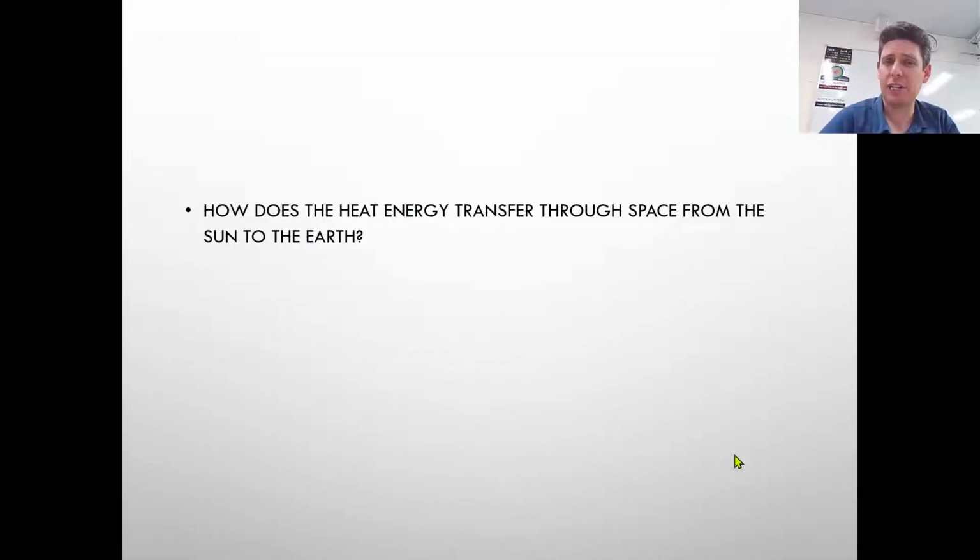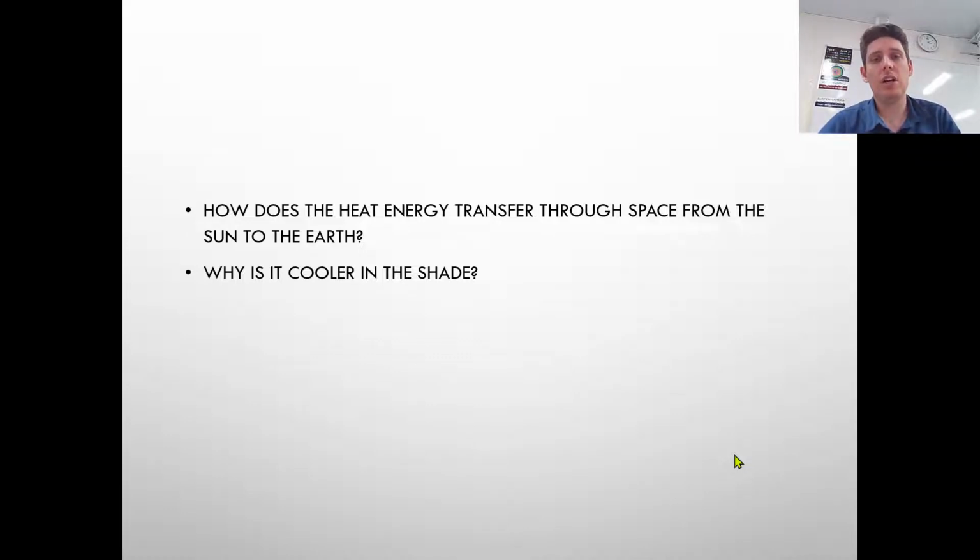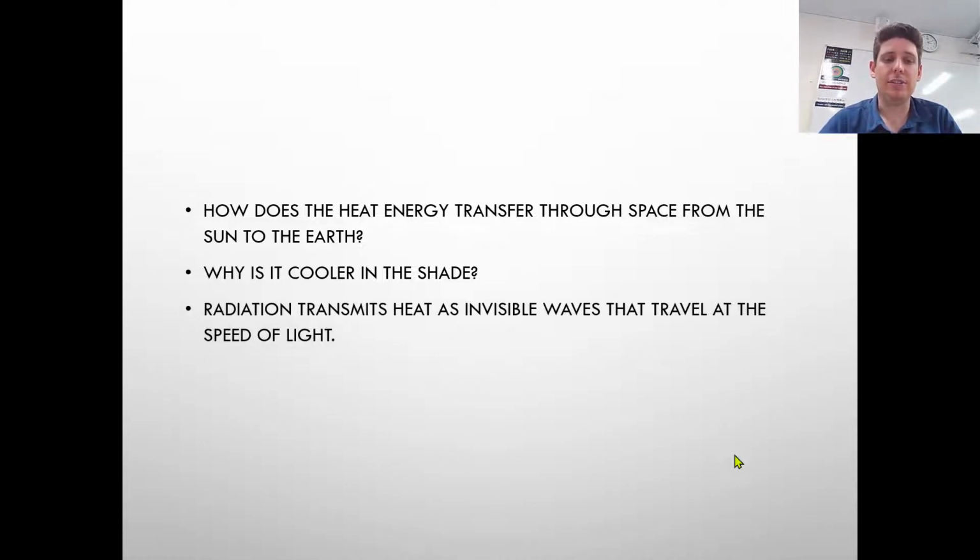How does heat energy transfer through space from the sun to Earth? Why is it cooler in the shade outside? This is all to do with our third way of heat energy transferring, radiation. It transmits heat as invisible waves.